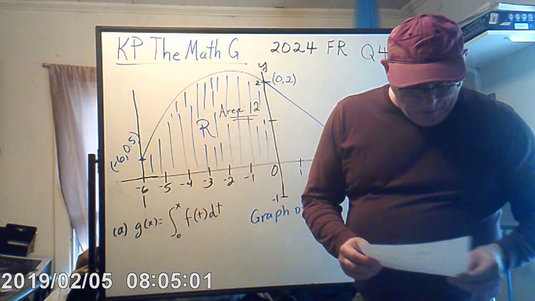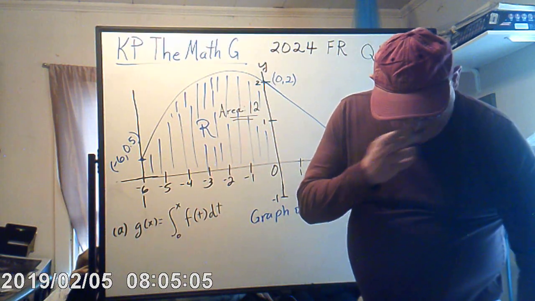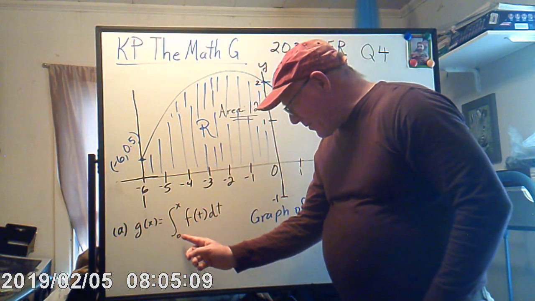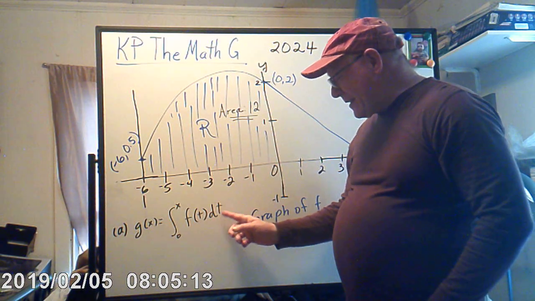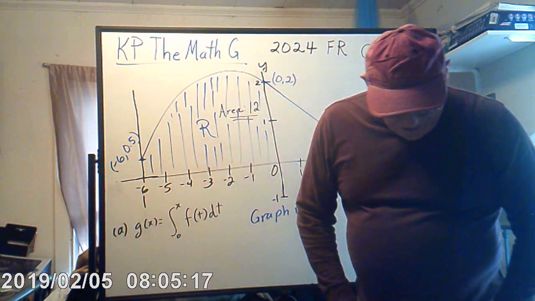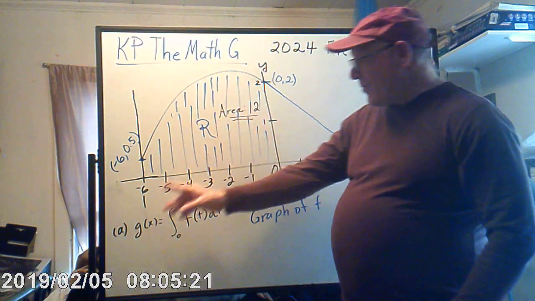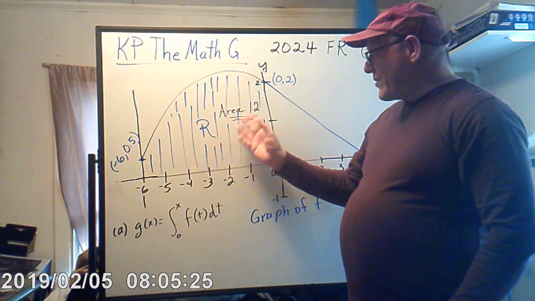Part A has 3 parts to it. g of x is given by this integral from 0 to x of f of t dt. The area of this shaded part from -6 to 0 is 12.